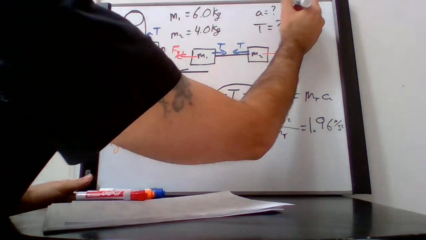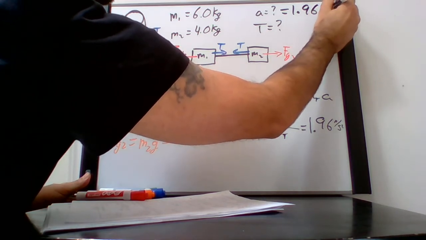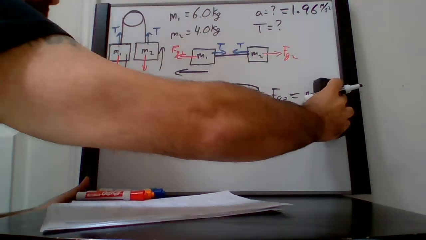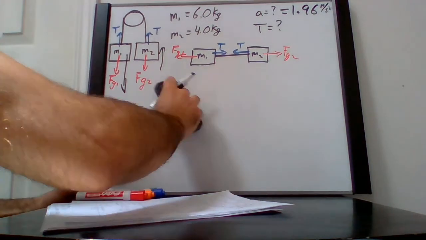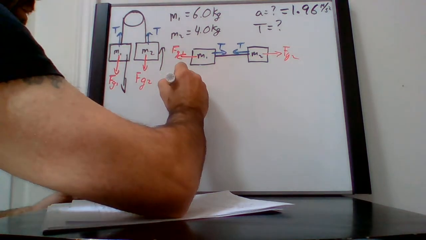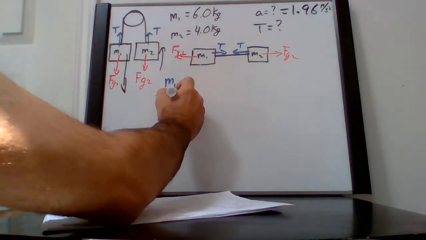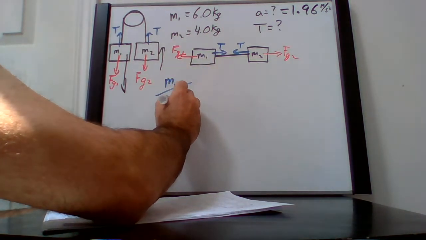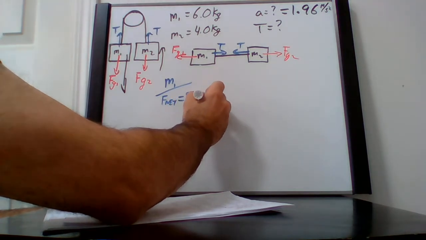So we've solved that. Let's put that into this piece here. And now let's take a look at solving for the tension of this system. Okay, if we are looking at M1, F net equals FG1 minus tension.